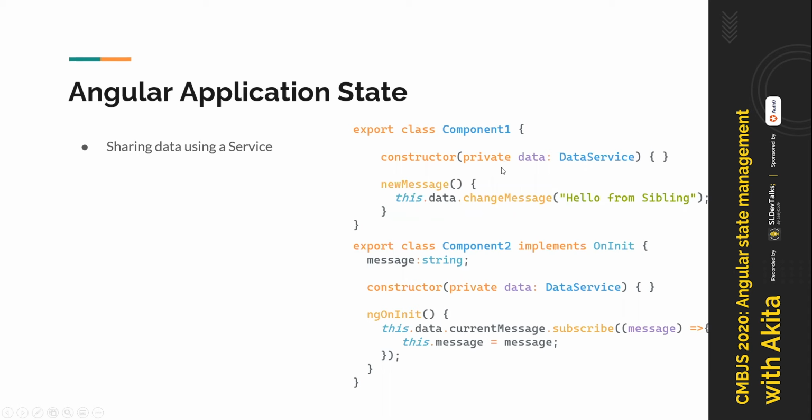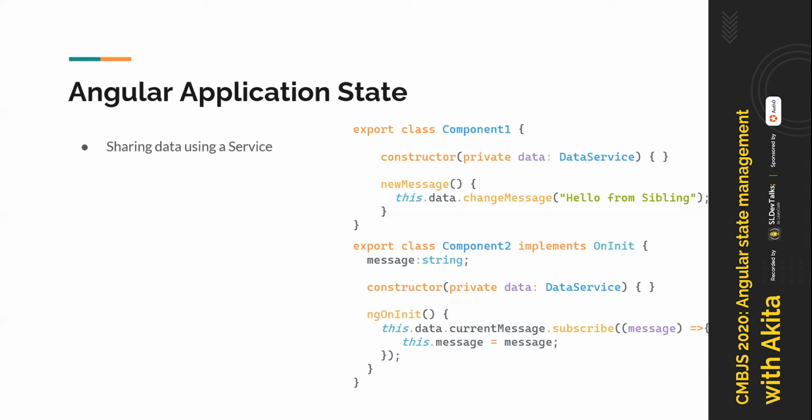Maybe in component 1, it is calling the change message method, "hello from sibling" or something like that. And in component 2, we have subscribed to that current message observable, and there we can get the change message parameter. In this way, we can communicate between components that are not related.